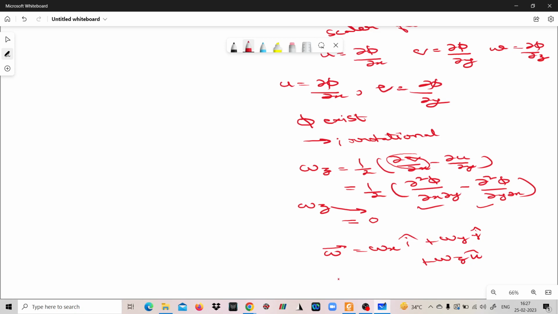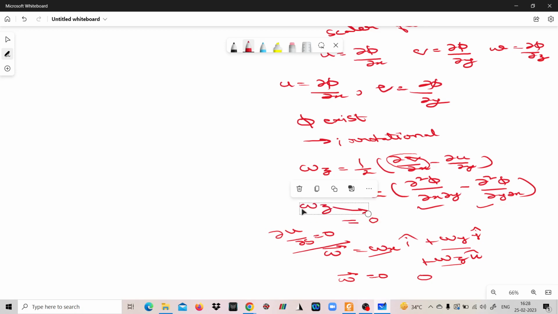If the flow is irrotational, it means that omega is equal to 0, that is, omega x, omega y and omega z are all equal to 0. It means that there is no velocity gradient. So if I take any direction as s, then del u by del s is always equal to 0. Basically, our discussion is that if the flow is irrotational, then all these components are equal to 0.